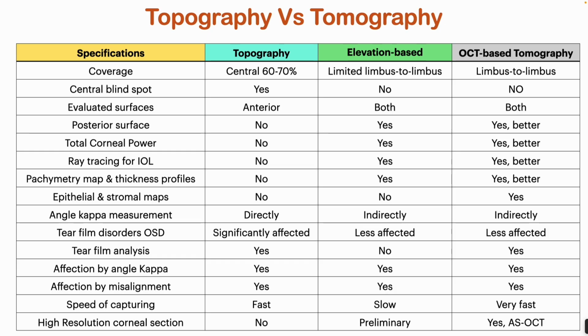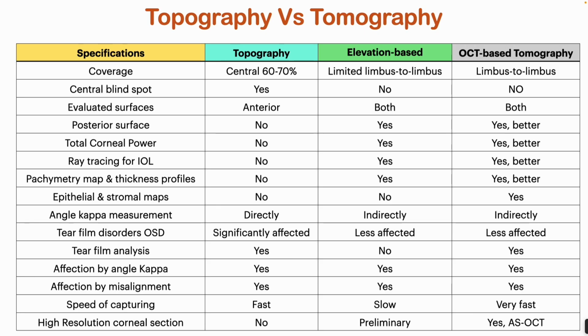It's in the topographers, but not in the tomographers. So the tomography will cover all of the surface, because it's actually a direct calculation. But the direct topographer will miss the central part, which is coincident to the fixation point.